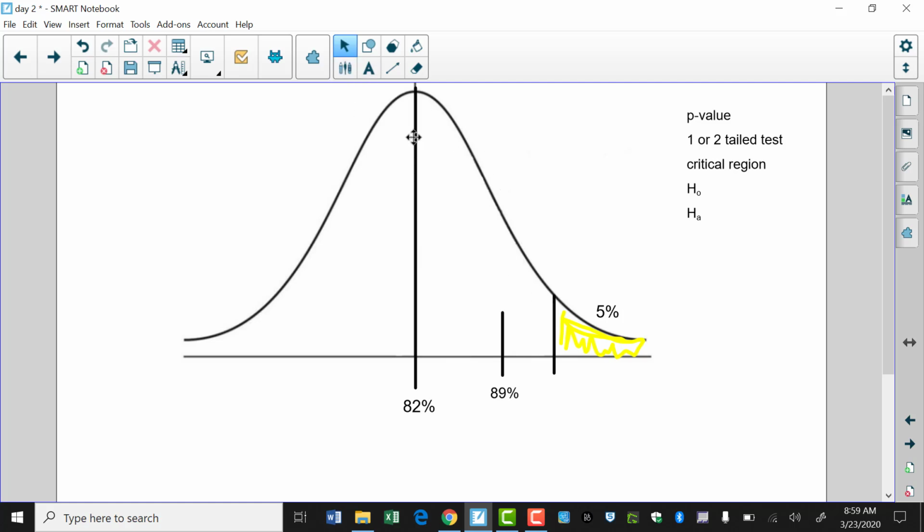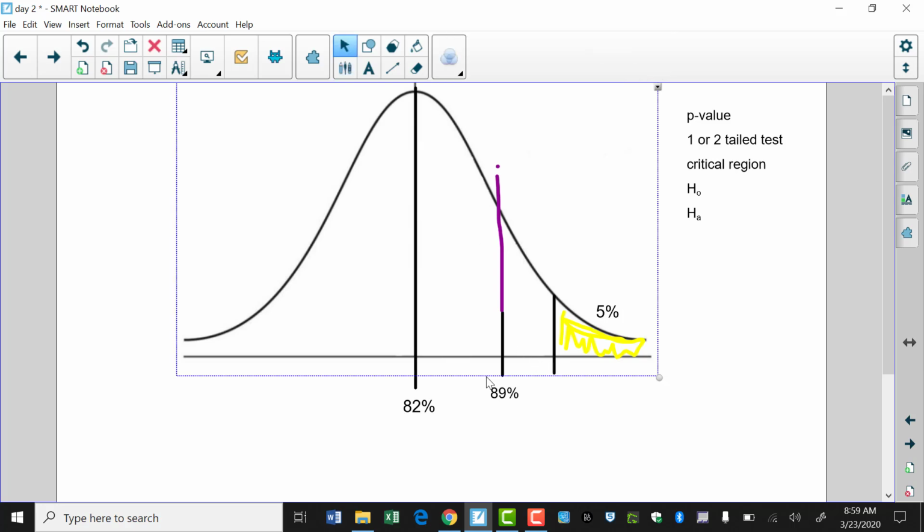So 15% of the time, we'll get a number like 89 if the real number is 82. You notice we haven't really crossed this threshold of the 5%. In that case, it's really not different from the 82%. How would it be different from the 82%?